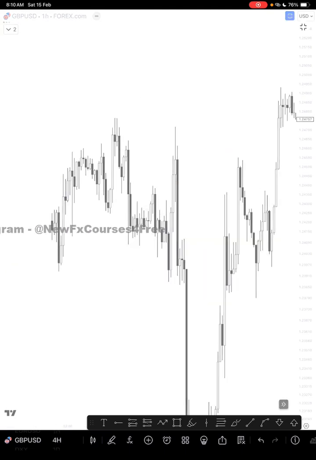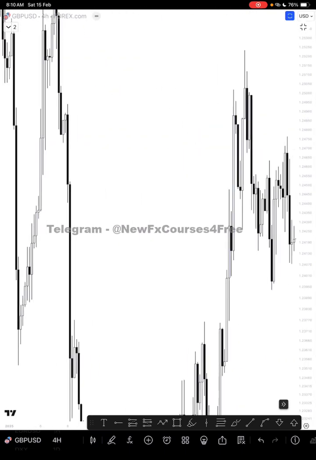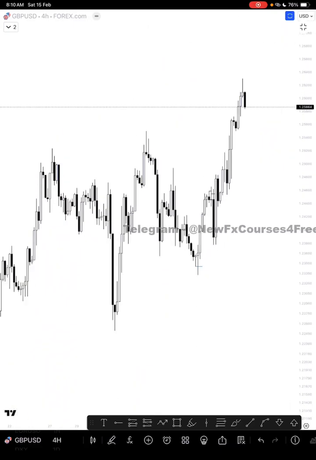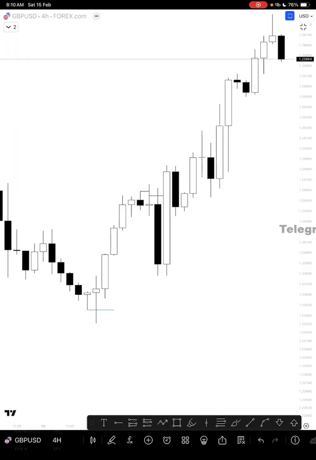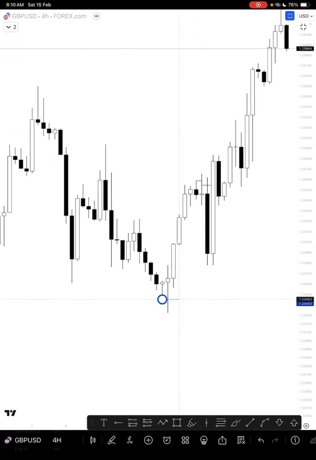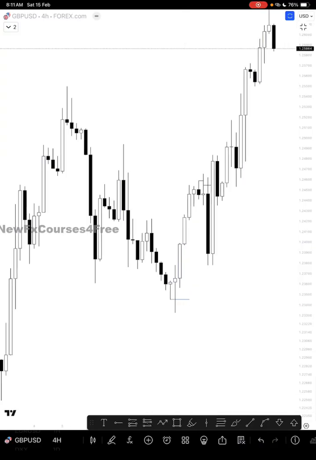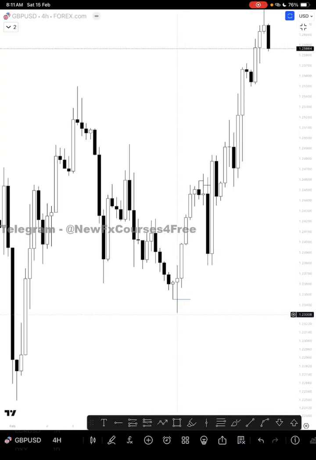So let me show you how the higher time frame actually looks. So here, you can see this was the total soup, and I actually got this trade from this low here, high.